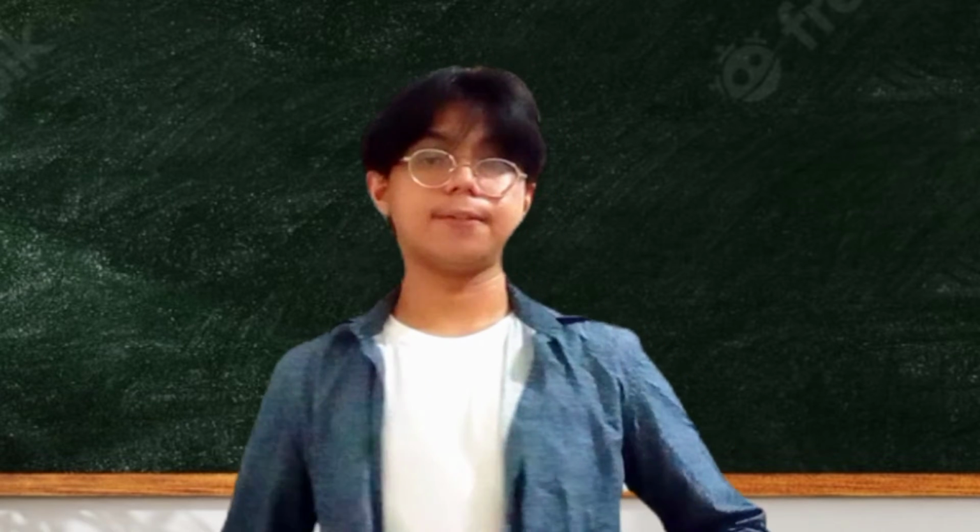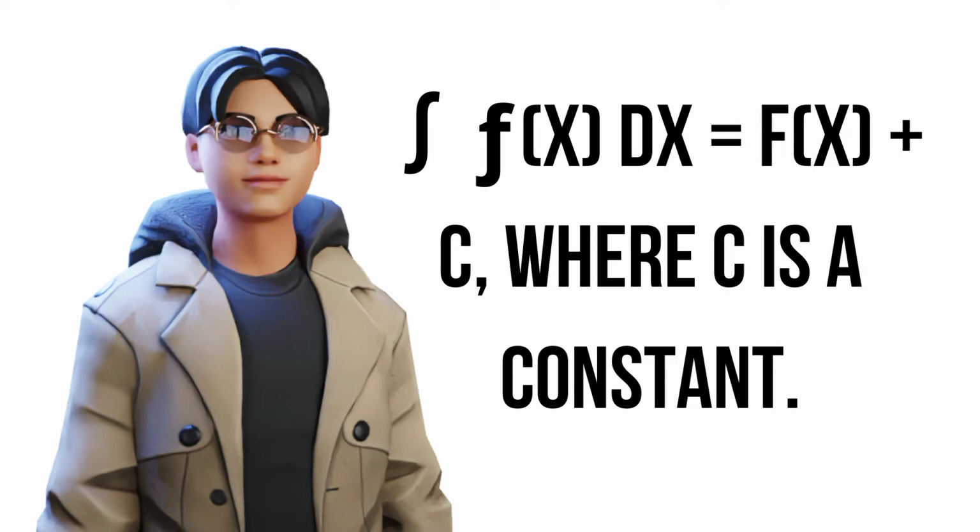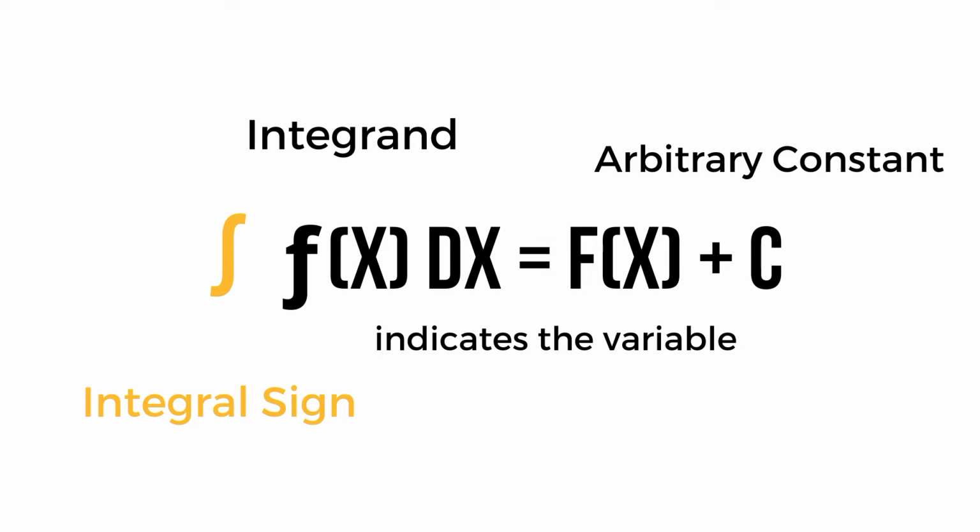So let's start. Before that, let me introduce to you the general structure of an indefinite integral formula. So the antiderivative of f of x dx equals F of x plus c, where c is a constant. So let us dig deeper into this formula. This is the integral sign, wherein it represents that the given process or formula is an integration.